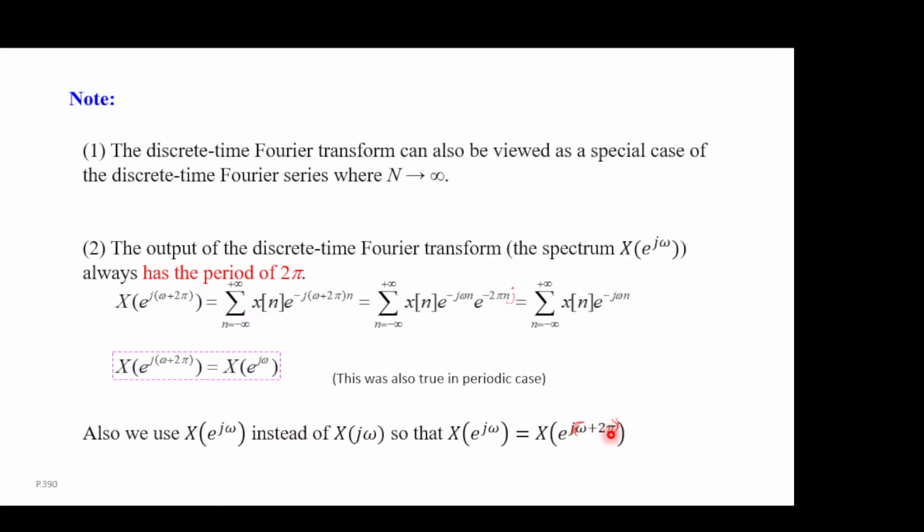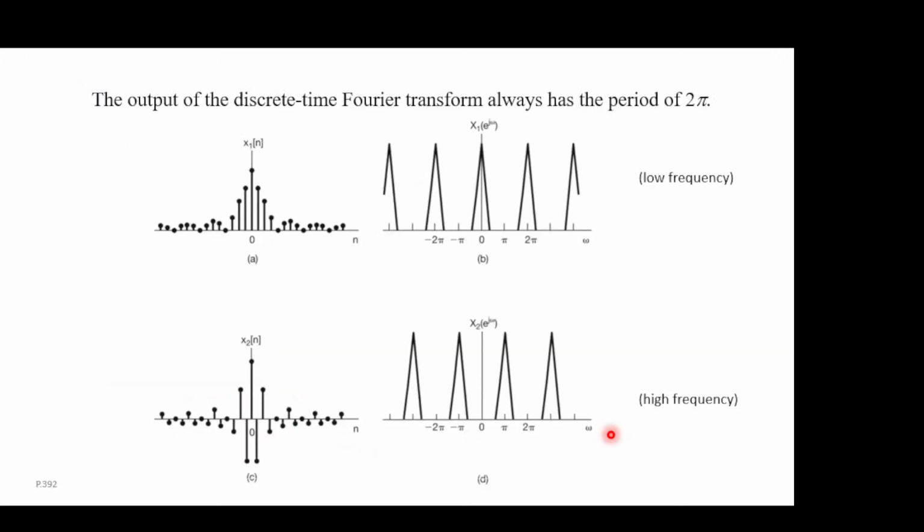Any questions? If not, let's see some examples. So first we have an example that we didn't show calculation for, just as a reminder that this is something we have seen in the periodic case also.